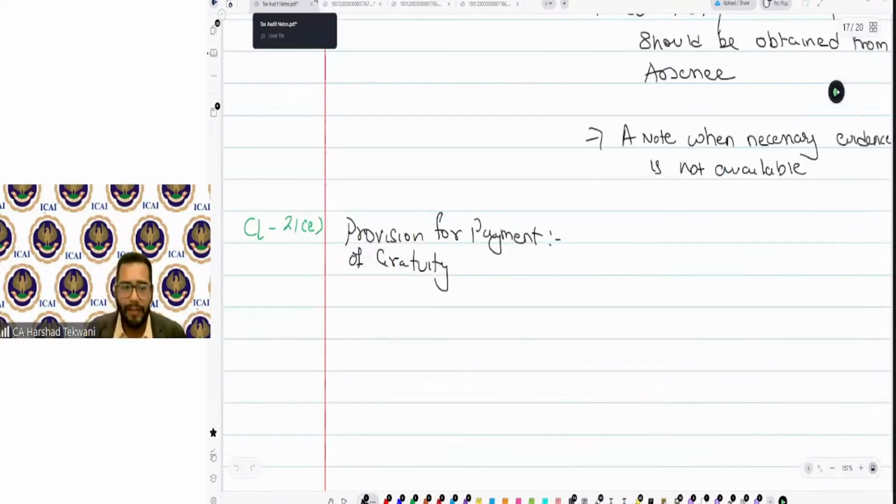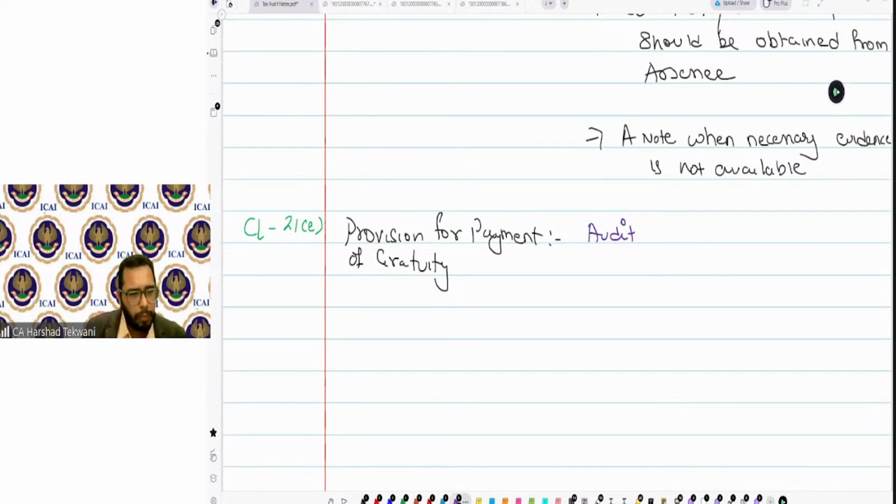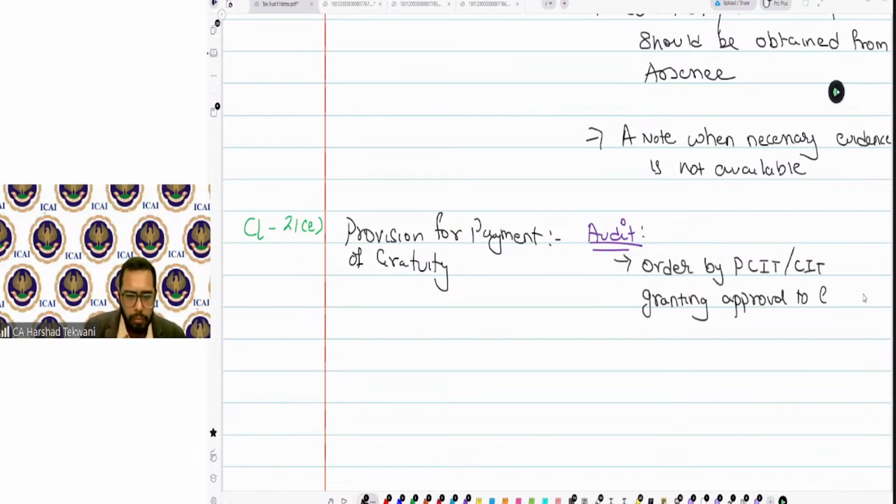In order to that, we need to verify two things. One, order by Principal Commissioner of Income Tax, or Commissioner of Income Tax, granting approval to the gratuity fund, and the date when it became effective.